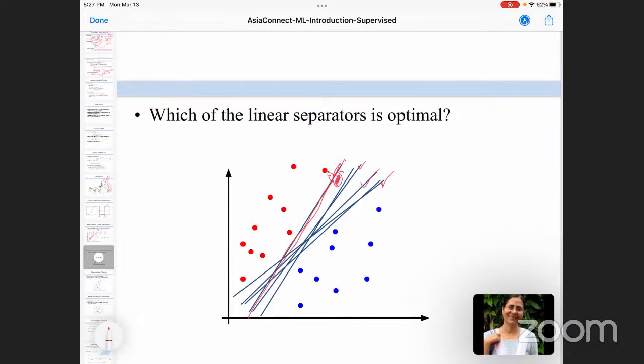Again, if you choose this line and a blue dot is here, then this is wrongly classifying this example. So finding the best separating line is important.